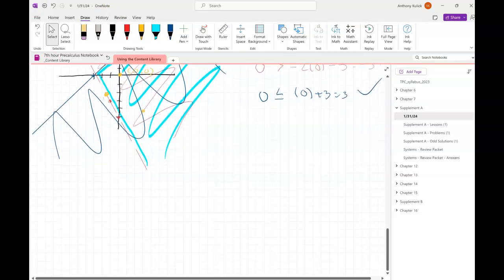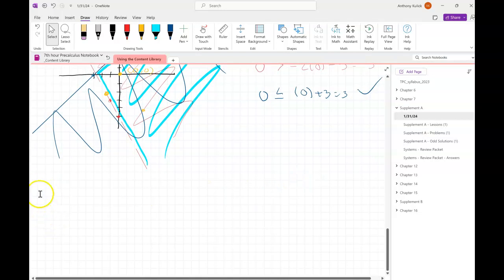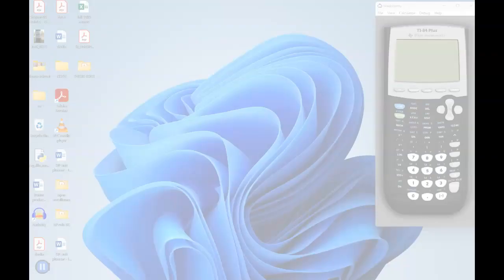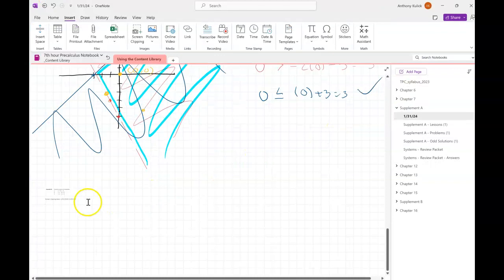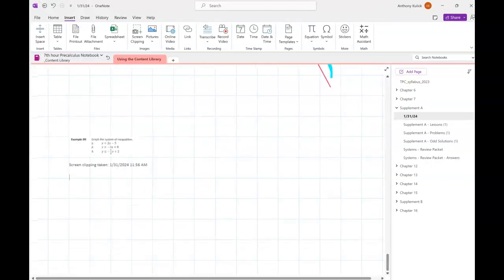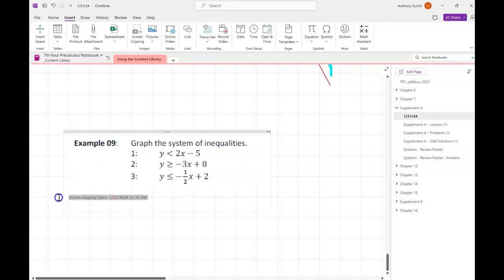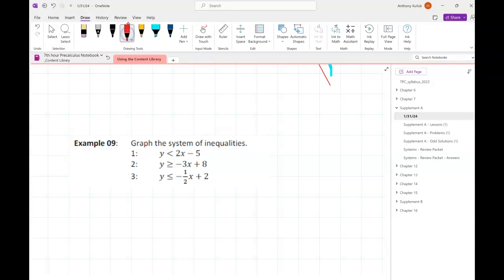This isn't too bad, right? Hopefully we remember kind of doing this. And let's do this one. Notice here that we have 3 equations this time.